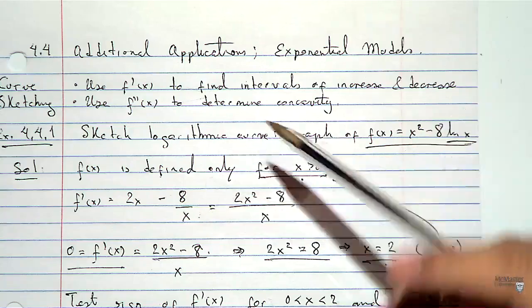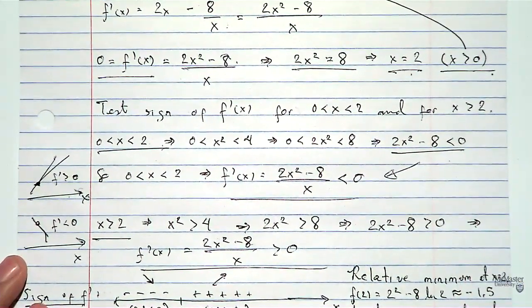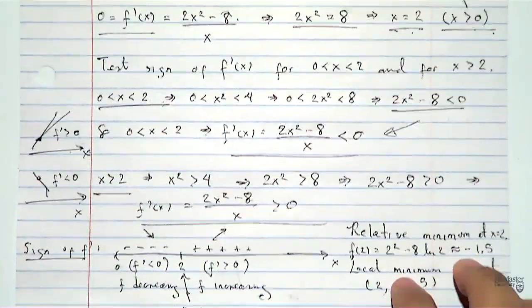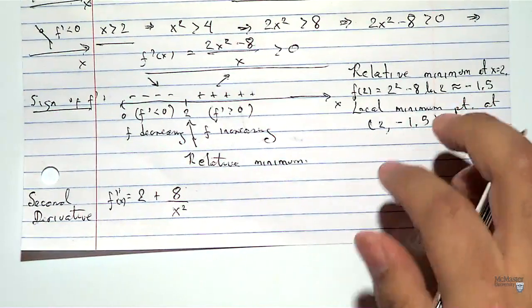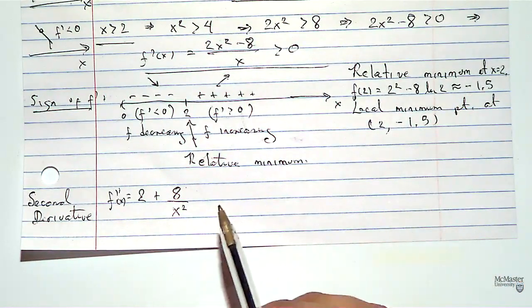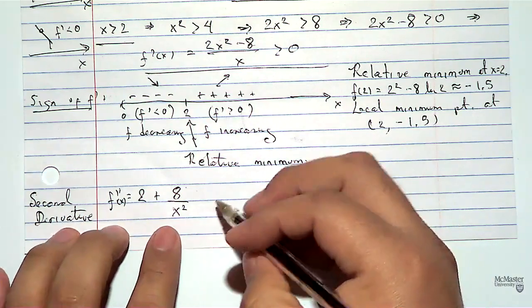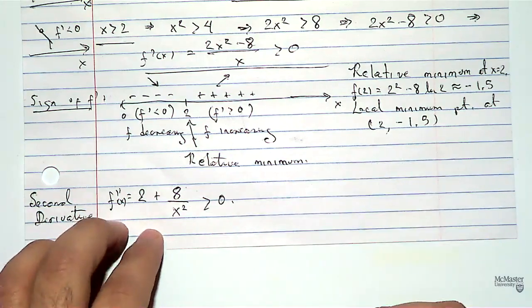It's actually easier to go over here. So f double prime is equal to 2 plus 8 over x squared. Right? Just remember what f prime was. Take again the derivative. The first one you get 2, the second one you get plus 8 divided by x squared.